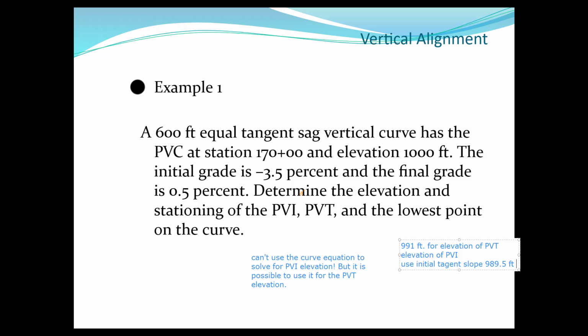Now, similarly, stationing of PVT will be 170 plus 00, and then you're going to add 600 feet, the full curve length, to it, right? So stationing will be 170 plus 6 whole stations, so 176 plus 00.